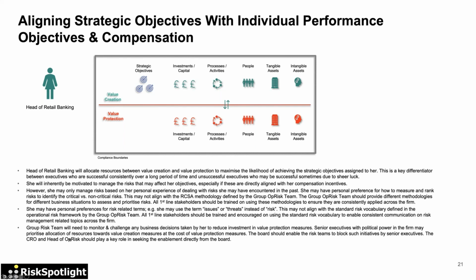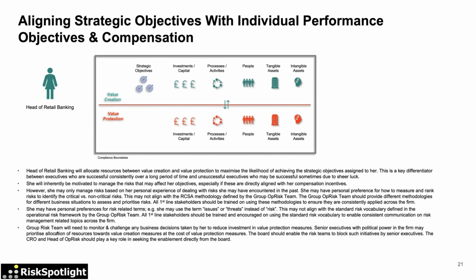And then the group risk team, this is where the oversight and challenge function needs to come into play. The last bullet point is to make sure that the head of retail bank is not compromising, that they're not putting 90% of their budget in value creation and only 10% in value protection. Because it may be good for her to get her personal compensation, but for the organization, it's not good.